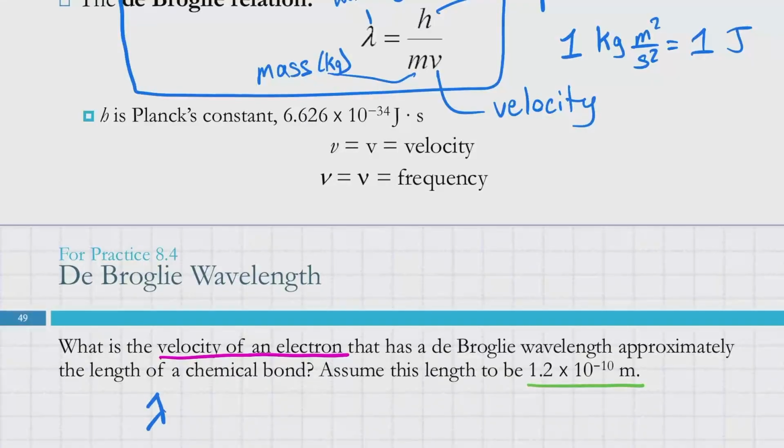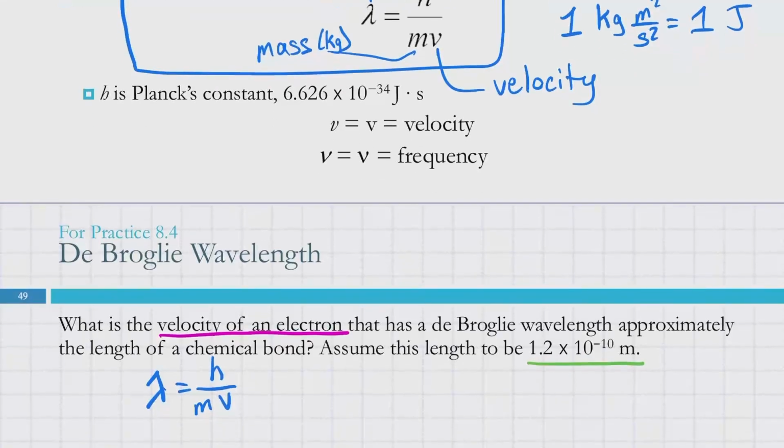So our equation, de Broglie wavelength, is h, which is Planck's constant, divided by mass, times v, velocity. It doesn't have the little front tail, right? No front tail on the v. That's how we know that it's v and not nu, which would be our frequency.